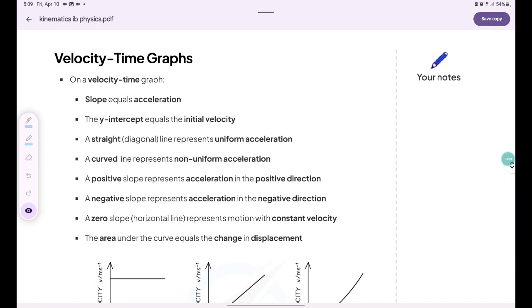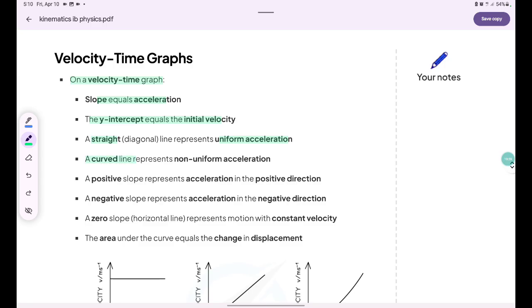Velocity time graph. On a velocity time graph, slope equals acceleration. The y-intercept equals the initial velocity. A straight line represents uniform acceleration.